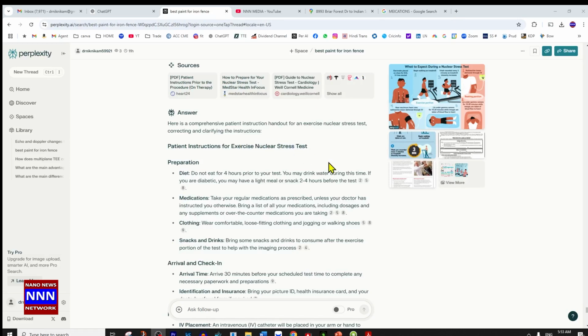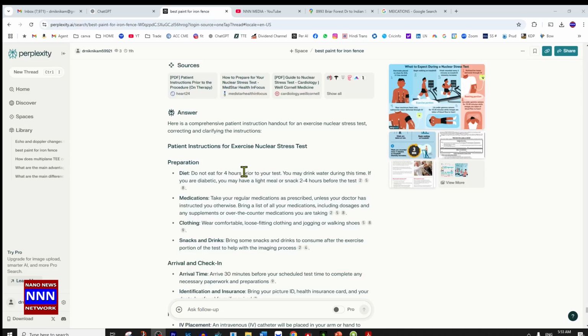The beauty of Perplexity is not only does it give you a very descriptive outline of the instructions, but it also brings up images which we can incorporate into our handout to educate our patients in a very, very practical and meaningful manner.